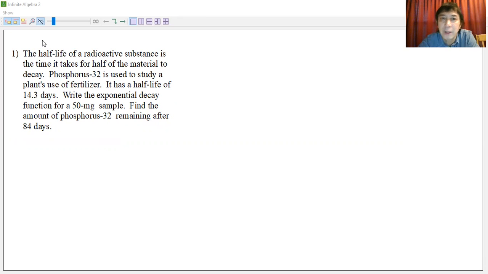So let us write the given first. So we have here phosphorus 32 and half-life of 14.3 days. So let that be our H. This is 14.3, in days. Write the exponential decay function for a 50 milligram sample. So that is the initial amount.